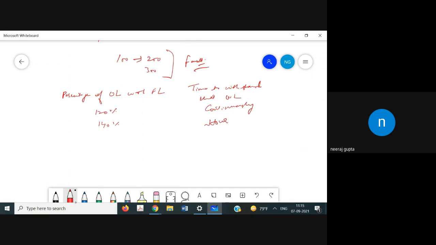Then if it is 150%, then in that very case, for half an hour, then it is 160%. Then it will bear for some minutes, or you can say for several minutes. And if it is 170%, then in that very case, for a few seconds.